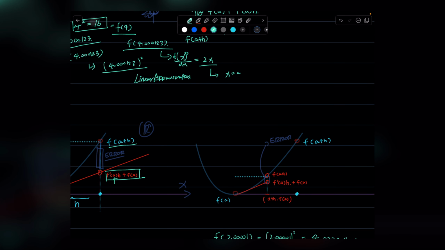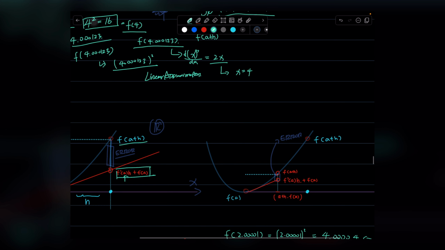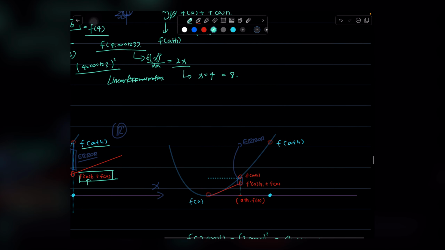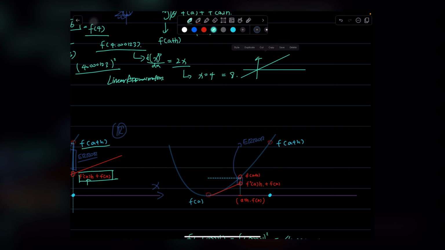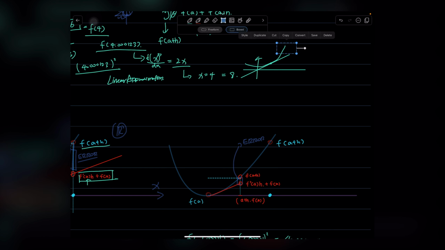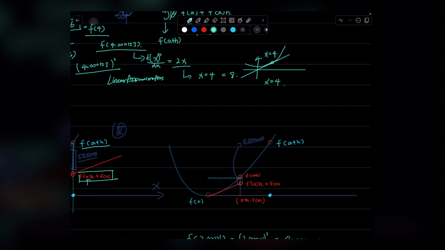When x equals 4, 2x is equal to 8. So we now have the gradient of the function at x equal to 4. When x equals 4, f(x) is equal to 16.